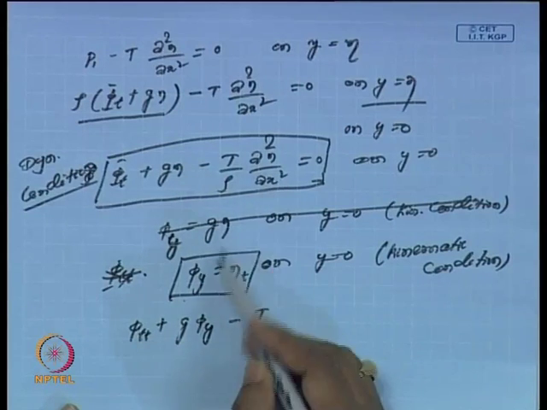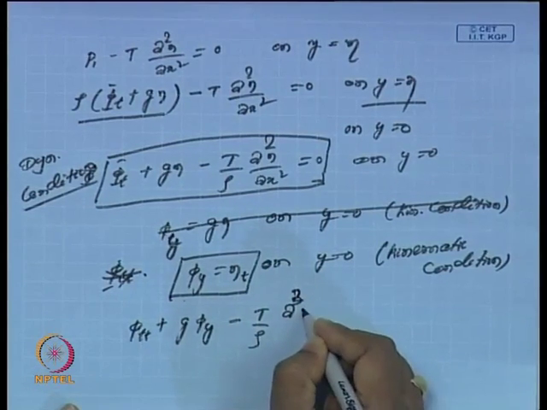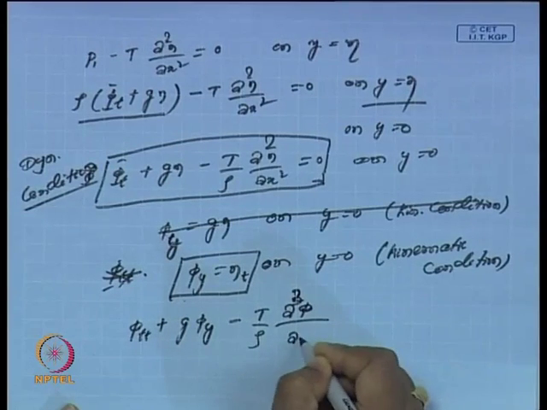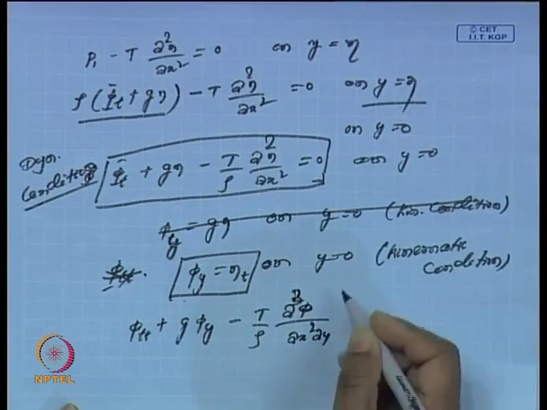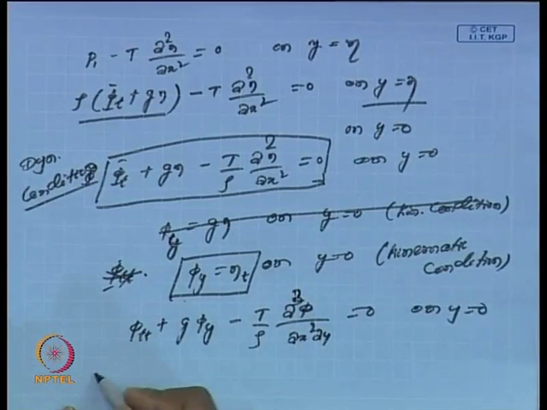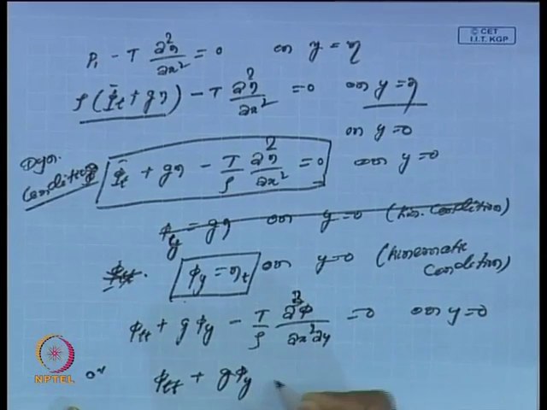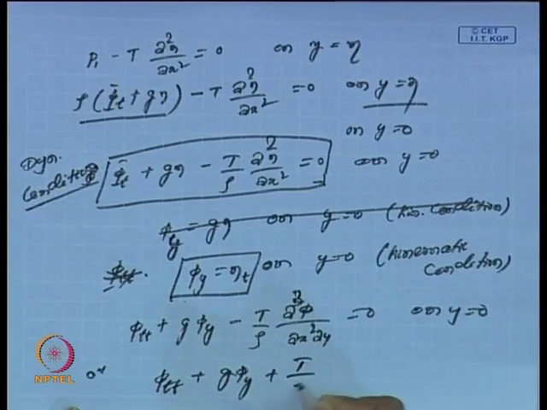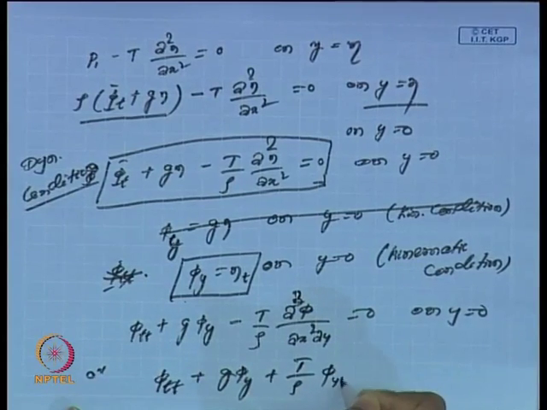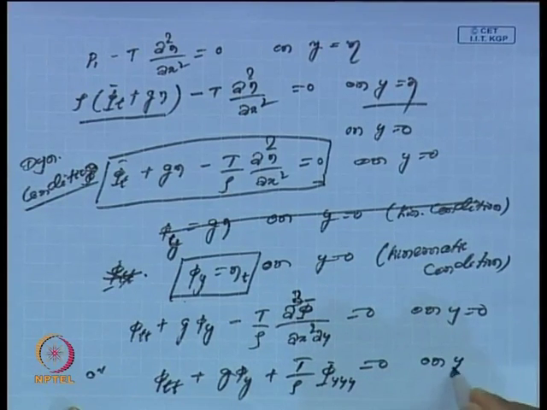Again I have eta t, which gives phi y, so that is del cube phi by del x square del y equal to 0 on y is equal to 0, which, using the Laplace equation, I can also write as phi t t plus g phi y plus T by rho phi triple y equal to 0 on y is equal to 0.